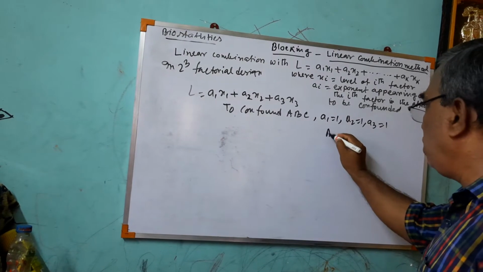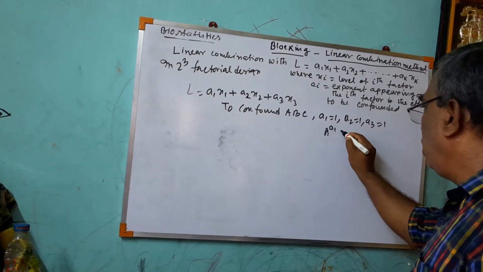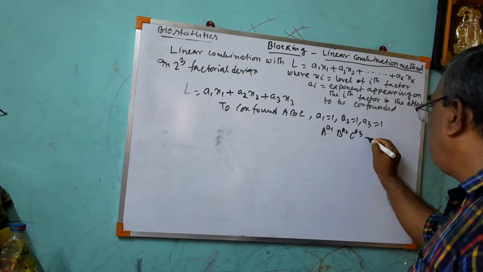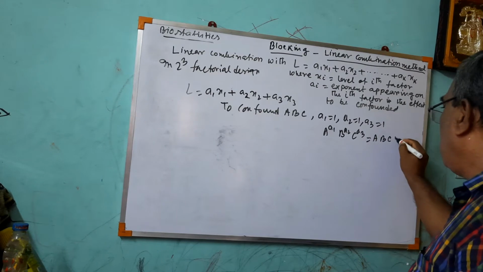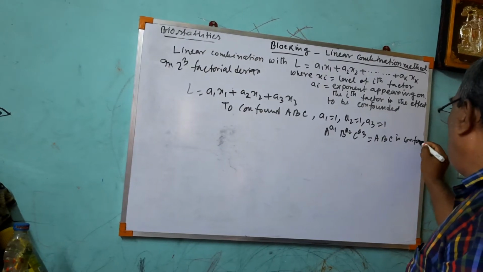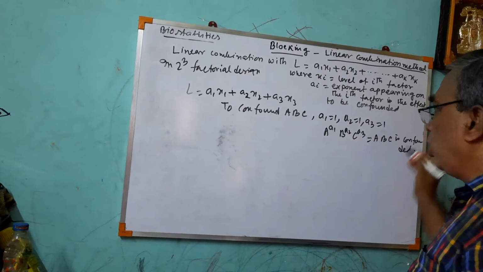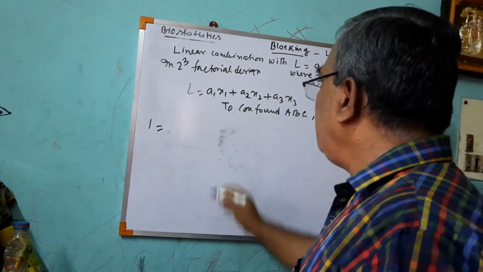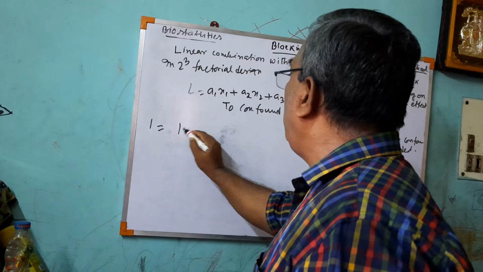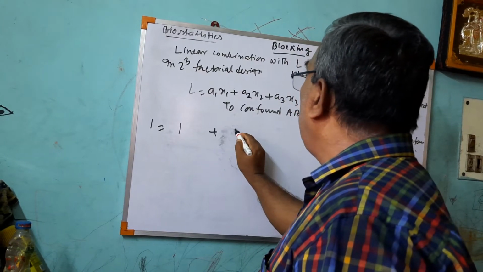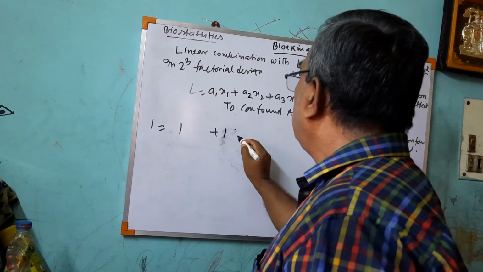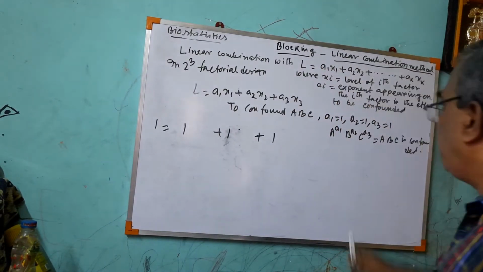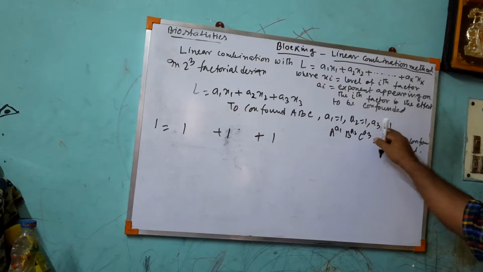So the formula is A to the power 1, B to the power A2, C to the power A3. If we put this, then ABC is confounded. For the treatment (1), A1, A2, A3 are all 1.